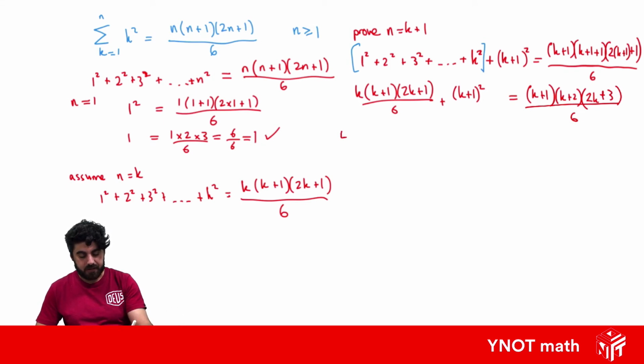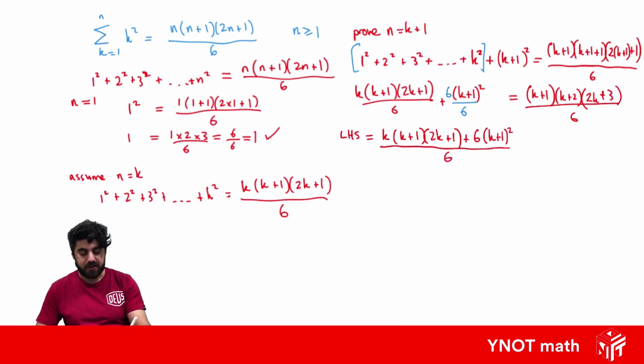So let's just take our left-hand side and we're going to multiply our second term by 6 over 6, so we get a common denominator. So we can go ahead and just add our numerators. So we're going to get k times k plus 1 times 2k plus 1 plus 6 times k plus 1 squared, all over 6.